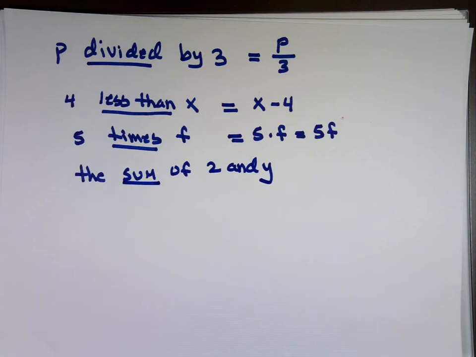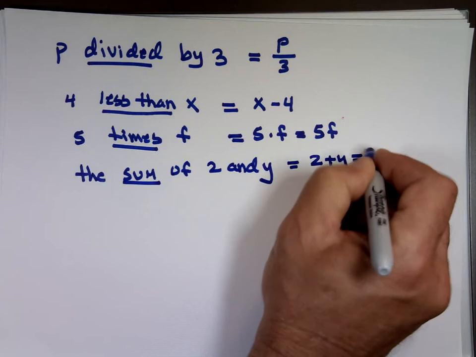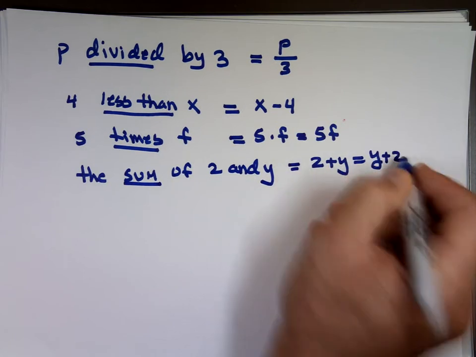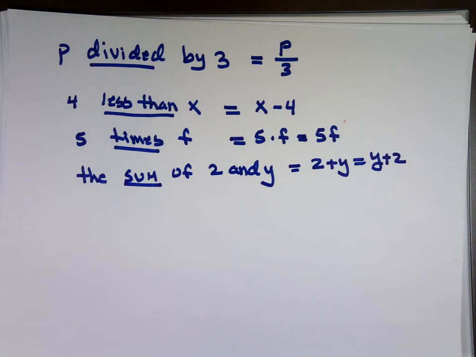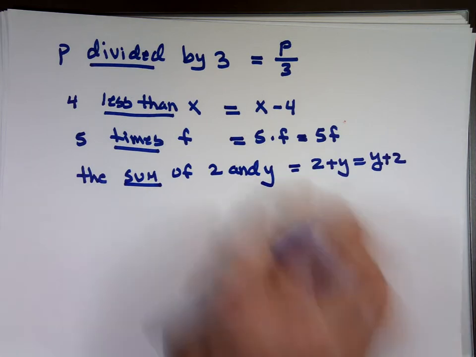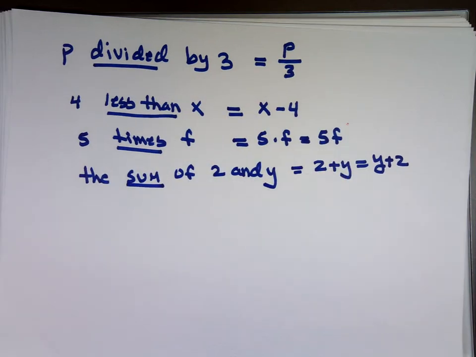Sum is addition, 2 and y, 2 plus y, or you can write that y plus 2. For addition, doesn't matter which one you write first. Commutative property of addition. You can flip-flop these, it doesn't change the answer. Not for subtraction, but for addition.